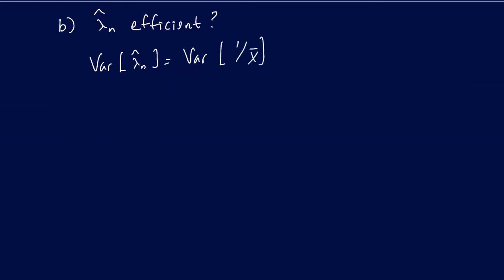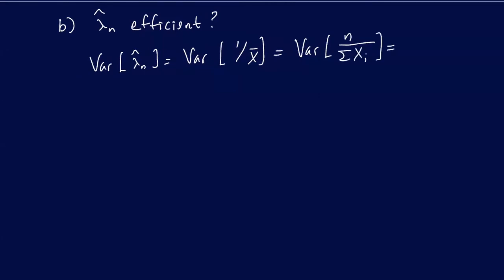So X bar as a sample mean of exponentials has a gamma distribution, and you might go straight for that. I personally think it's a little cleaner to take out the n and look at the sum of the x's. So I can write this as the variance of n over the sum as i goes from 1 to n of the x's.